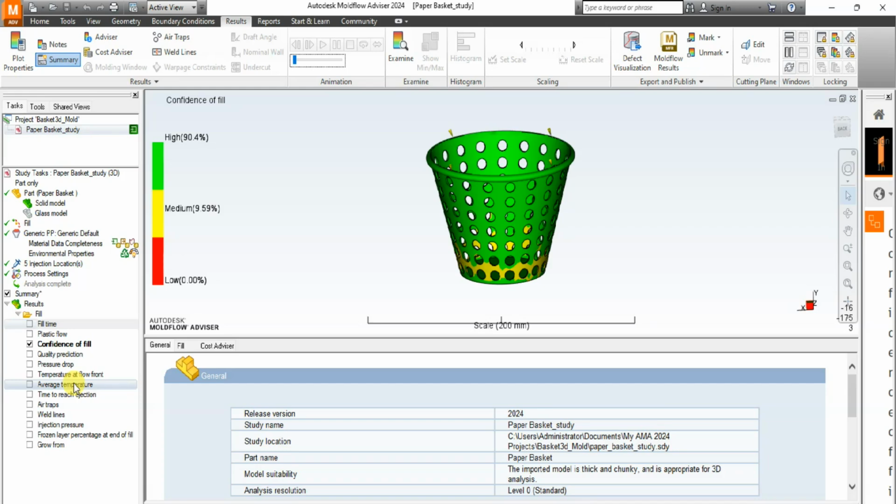The difficulty of molding parts will also increase and the part quality will decrease if there is some yellow in the bottom. Perhaps some injection needs to be placed at the bottom there. With some yellow and red, the part will be extremely difficult to fill, or quality is likely to be unacceptable.